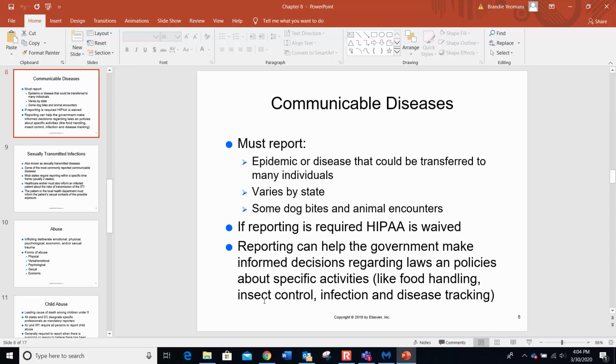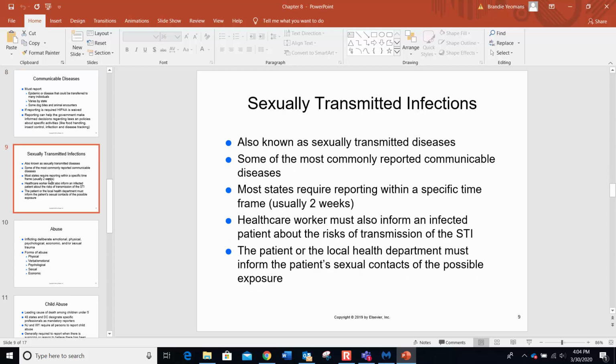So all of these we do have to report. It's our job.